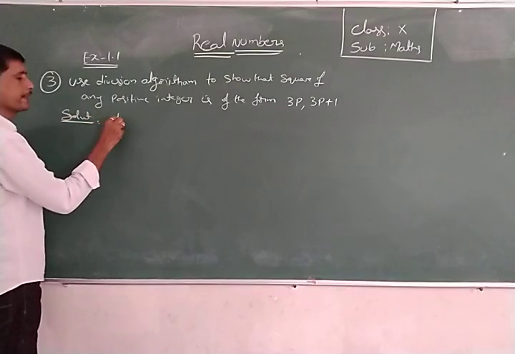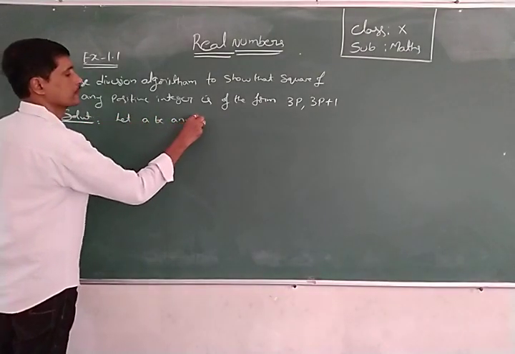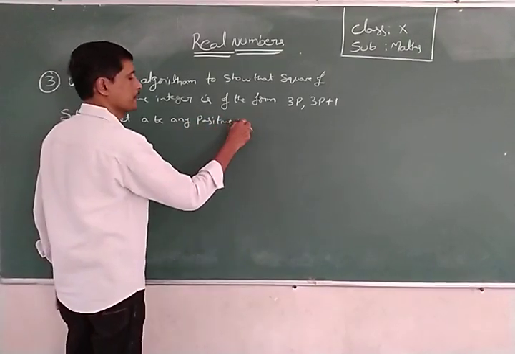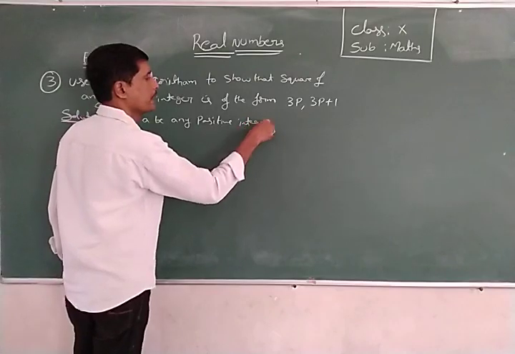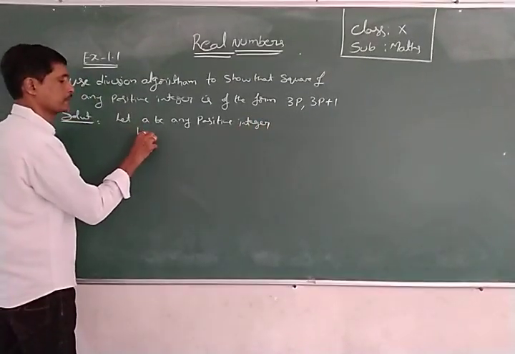Let a be any positive integer. Here 3p is there, therefore you take b equal to 3.